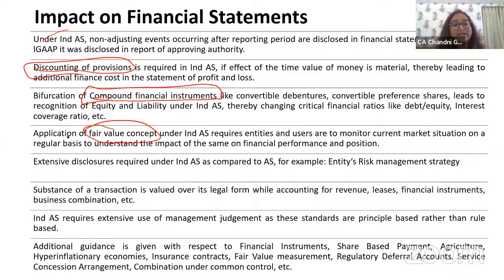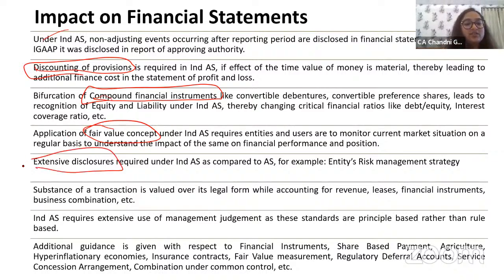So there is a dedicated standard just to explain how fair value will be calculated for other standards. See, if there is a PPE and you have adopted the revaluation model, then how do you calculate the fair value of that particular PPE? That will be guided by Ind AS 113. Right. So this is the penetration of fair value in Ind AS.